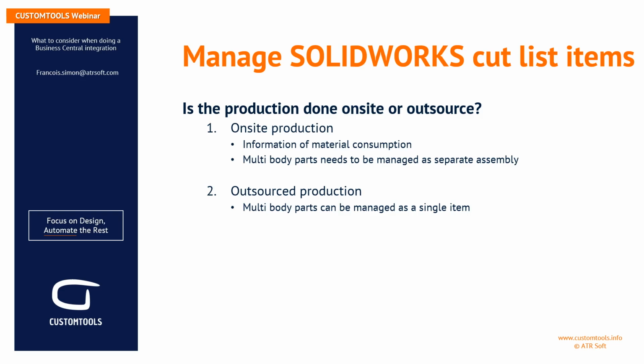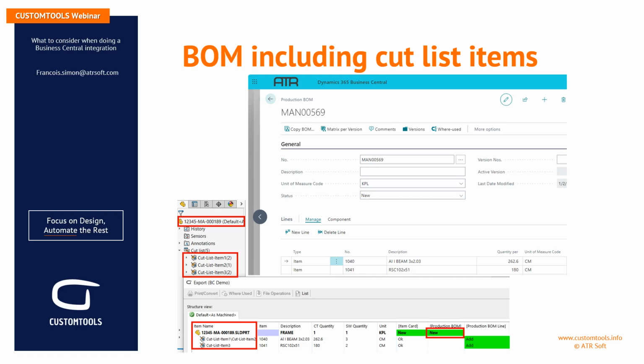If the production is outsourced, you probably only need to treat the multi-body part as a single item. All the information regarding the multi-body part will be present in your SOLIDWORKS drawings or the PDFs that you will share with the person that will produce that part.